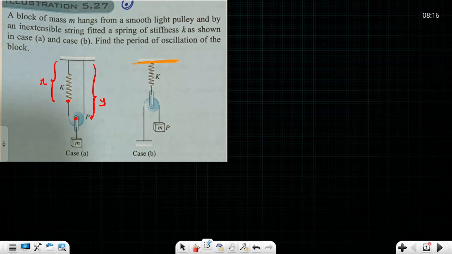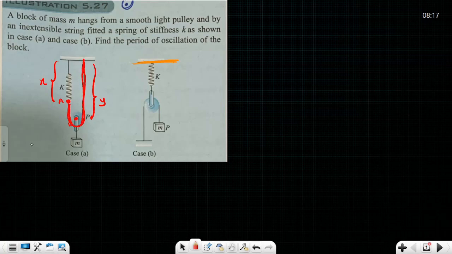See it here, since spring is there, to apply constraint motion might be little difficult. Therefore, what we will do is, let's take up this point as point A and point B. If you observe carefully, Arijit, this length of string is always having the constant length.